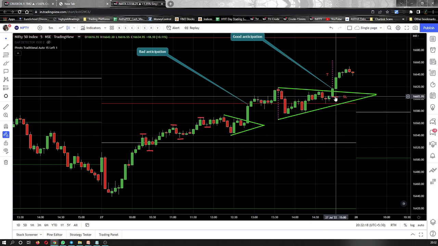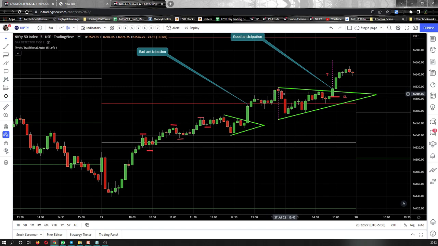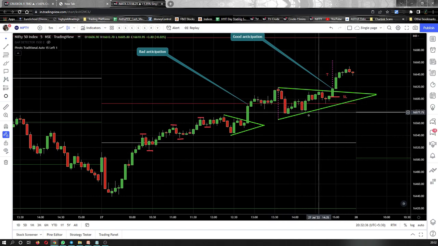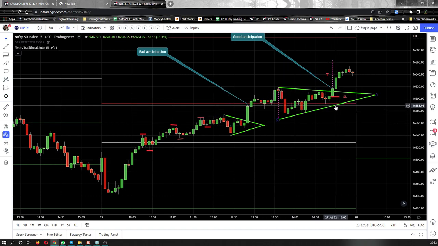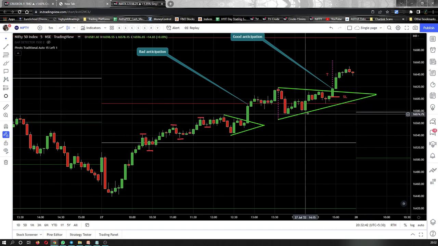Let's concentrate on the symmetrical triangle that formed at around 1:35 p.m. Indian Standard Time. I mean, the formation of the symmetrical triangle started at around 1:35 p.m. This is the upper trend line and this is the lower trend line.